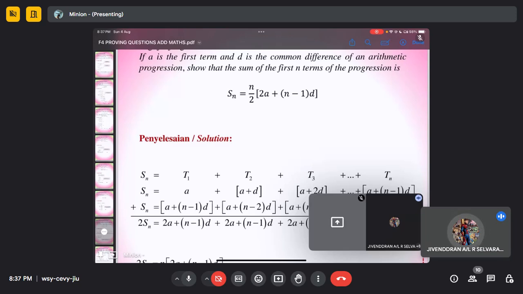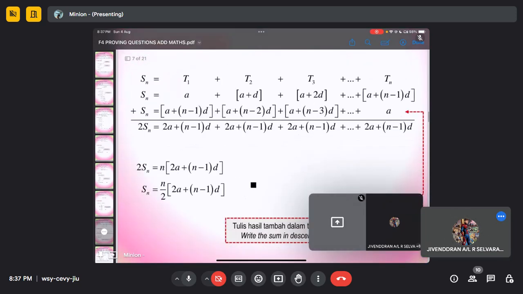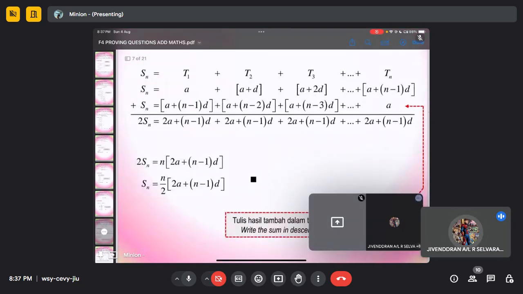Just scroll down a bit. Okay, so Sn, we know it's the sum of the total terms in a sequence. So we can also say Sn equals term 1 plus term 2 plus term 3 and so on until term n, which is the last term.